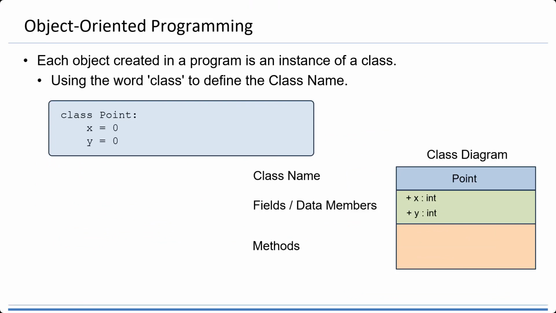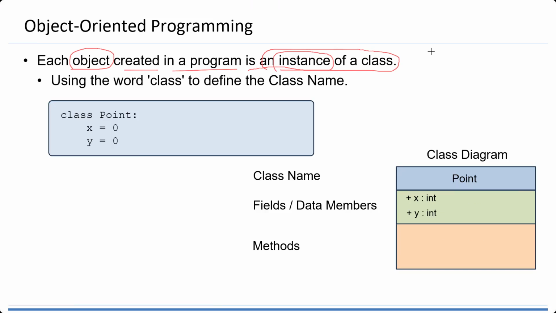Now let's make one example. When we do with the OOP, yeah, we will create object. Each object created in a program is an instance of a class. Okay, maybe this is a little bit complicated for you. Okay. Instance. Okay. What does it mean by instance?